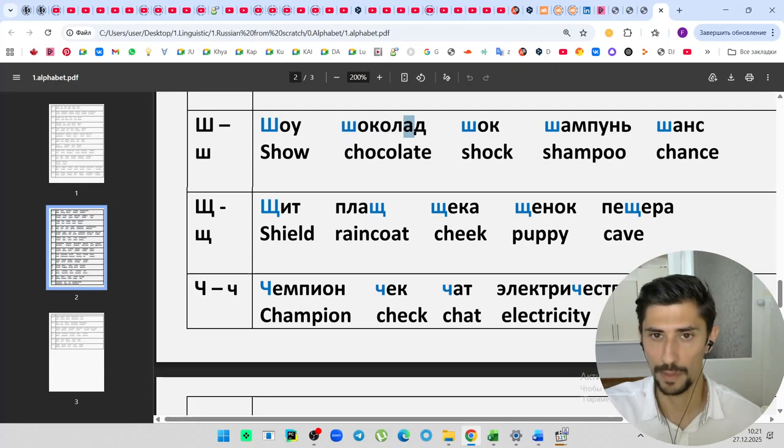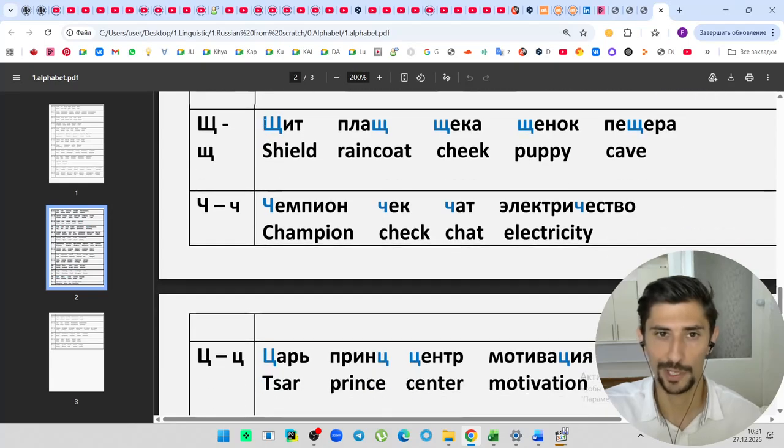Again, because we have the accent on the last syllable, this letter is pronounced like A. Шоколад. And then we have shock. Shampoo. N became, with the soft sign, N. Shampoo. Chance.